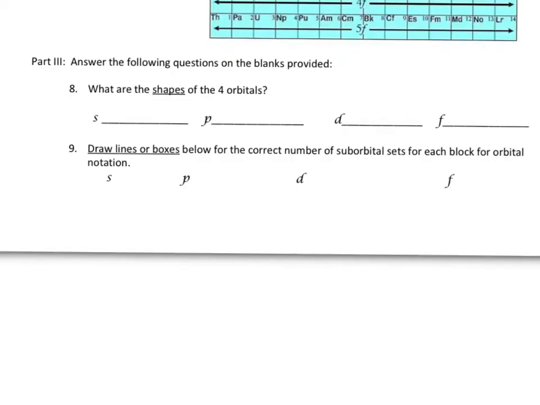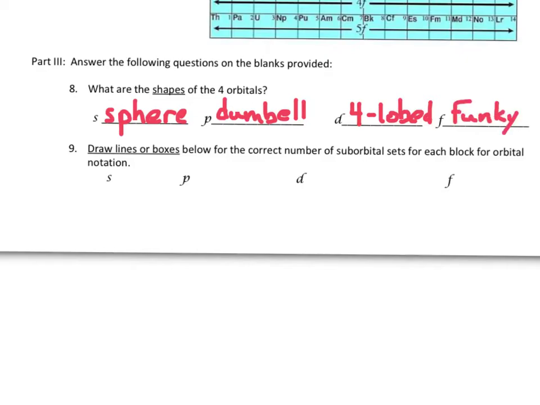So in completing question 8, what are the shapes? That would be sphere-shaped for S, dumbbell-shaped for the P block, 4-lobe-shaped for the D block, and finally, funky-shaped for the F block.